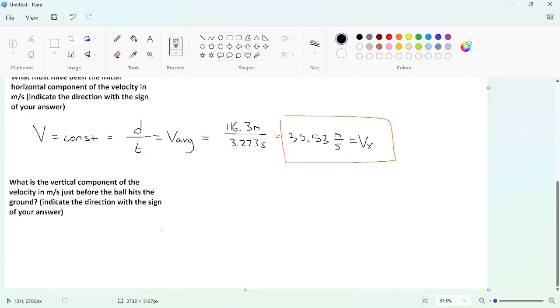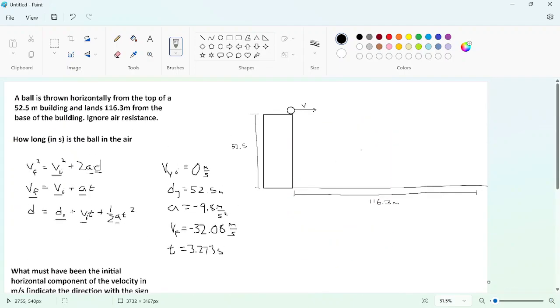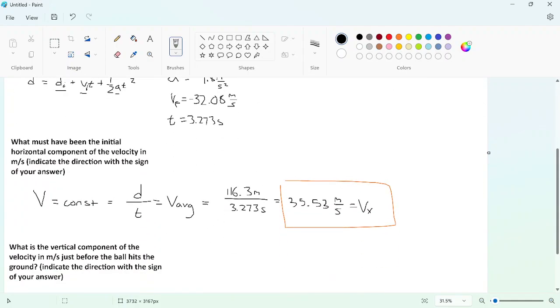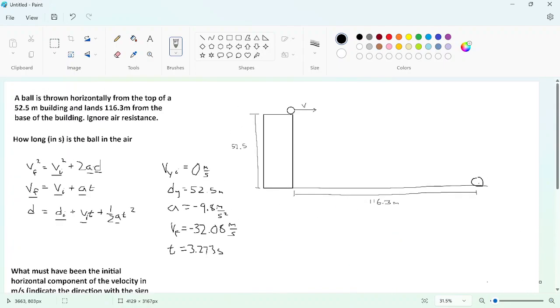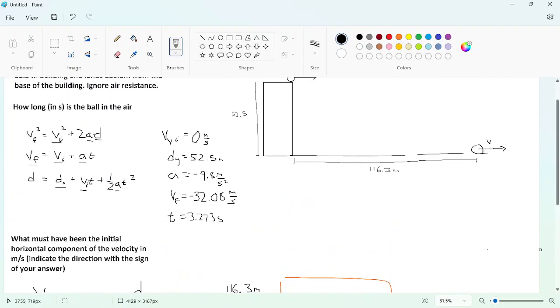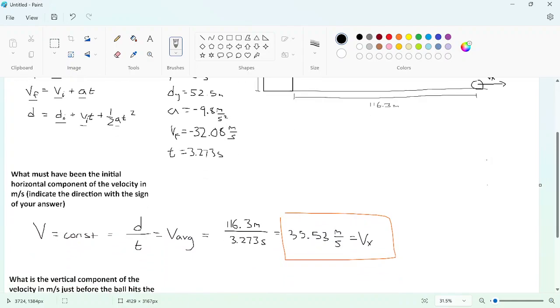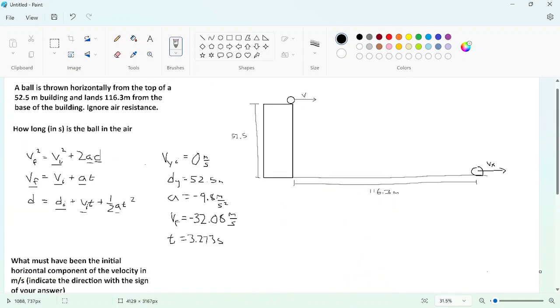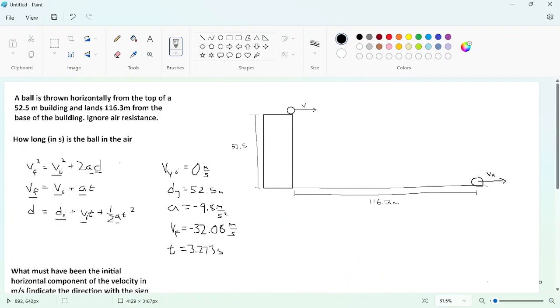If we draw the ball at the very end, right here, let me extend this a little bit. Let's draw its components. The horizontal velocity is, as we see here, 35.3. We know it's positive, so we'll just draw that. And then its vertical component, let's see.